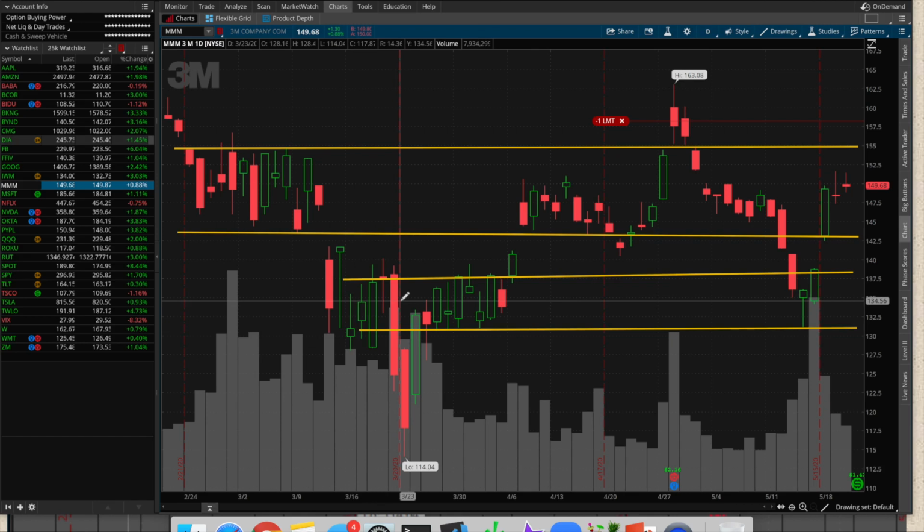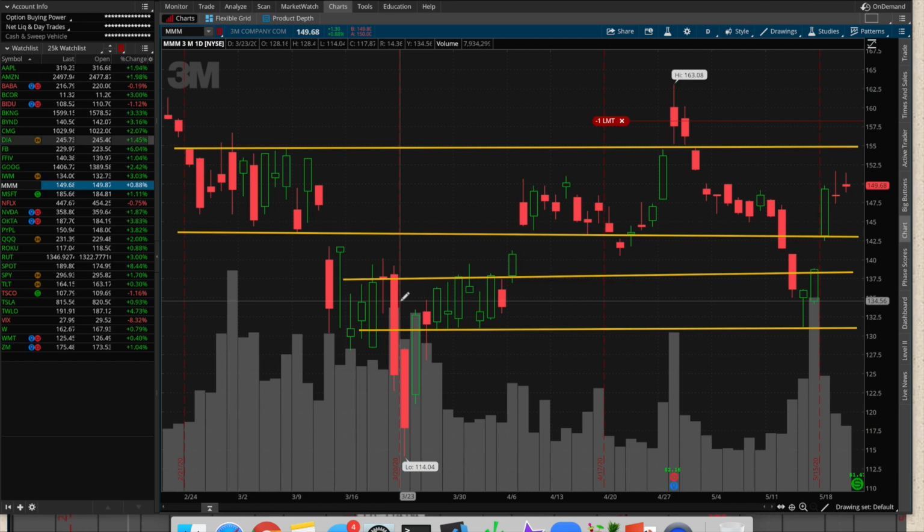Now, how do I use these for a practical application? How do I find trades? So, as you know, when I do my mean reversion trades, I have my indicators, the ADX, RSI, Bollinger Bands, all that good stuff. But when it comes to post earnings, I don't use any indicators. I wouldn't call it an exact science.